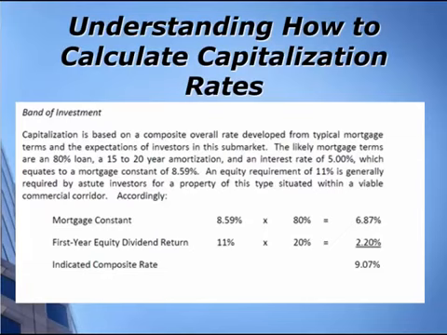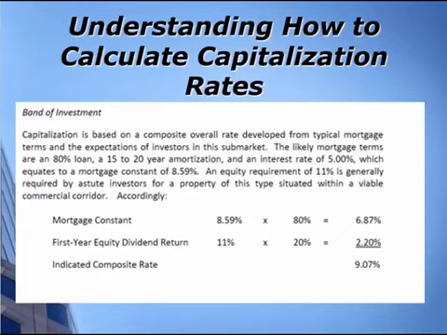So see what they do. They take the first capital stack, which is the debt, the mortgage. This bank has a mortgage constant of 8.59, and we multiply it by 80% because 80% of the money is going to be that 8.59 valuation. So that comes out with a number of 6.87. The remaining 20% comes from people that are costing us 11% on our money.